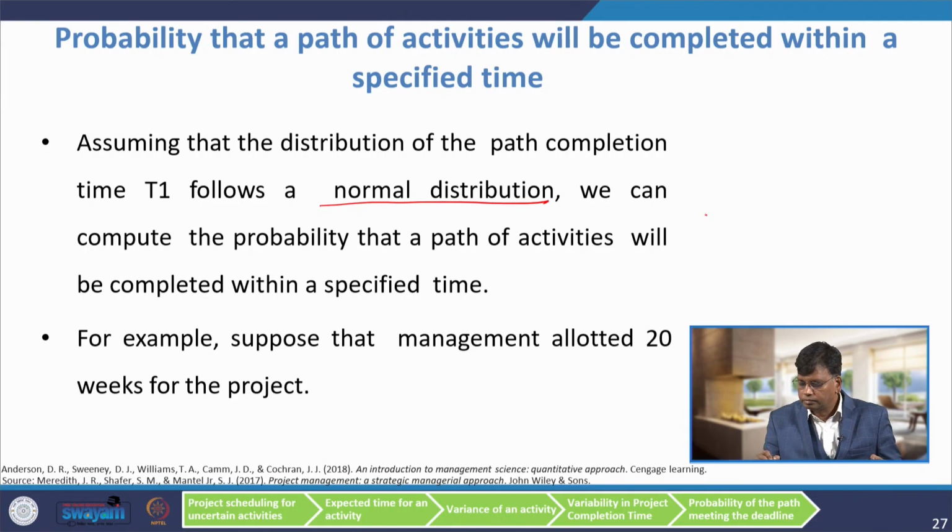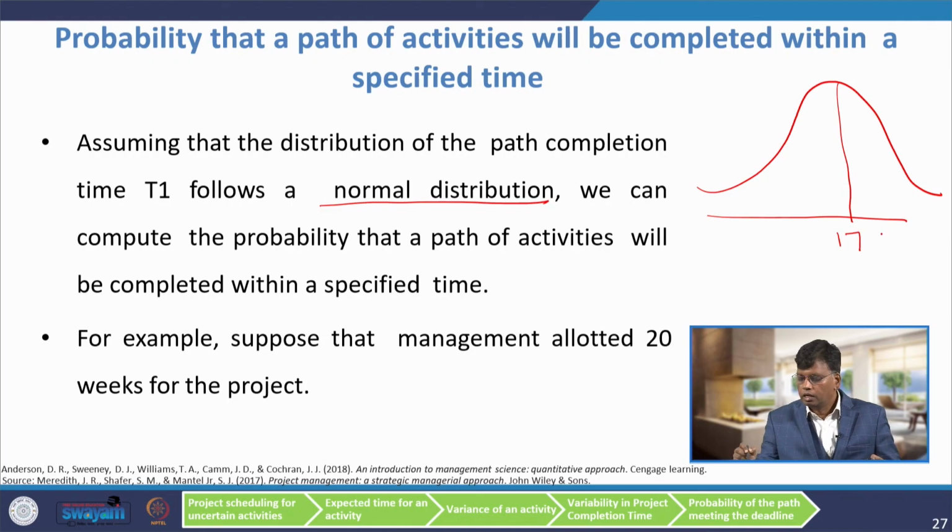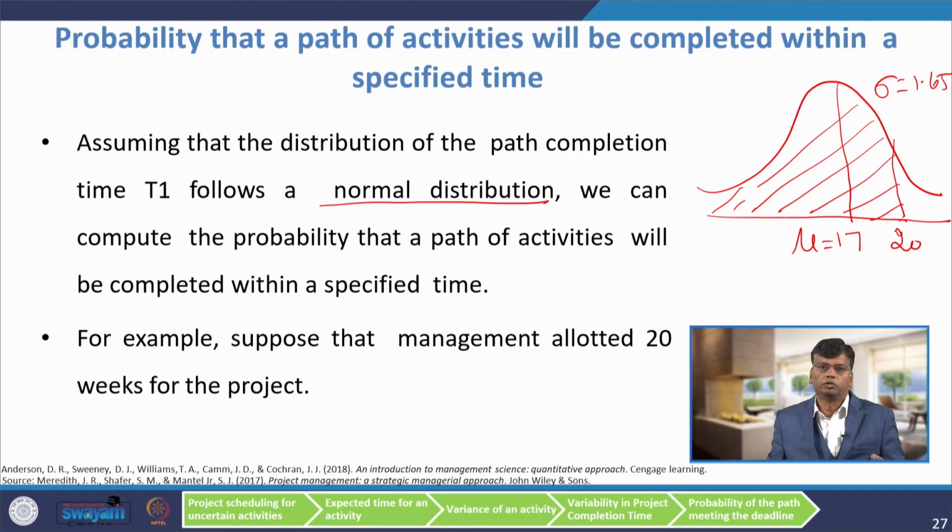We know this is the project completion time, 17 weeks, and the standard deviation is 1.65, this is the mean. Suppose the project needs to be completed within 20 weeks, so 20 will come here. So, we have to find out the probability of completing this project within 20 weeks.